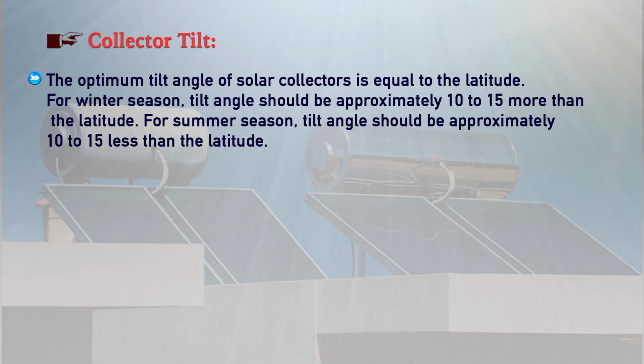The optimum tilt angle of solar collector is equal to the latitude. For winter season, the tilt angle should be approximately 10 to 15 degrees more than the latitude. For summer season, tilt angle should be approximately 10 to 15 degrees less than the latitude.